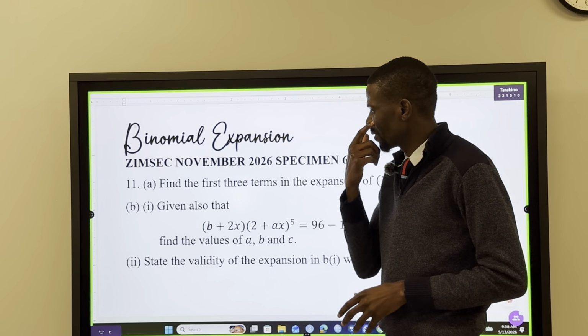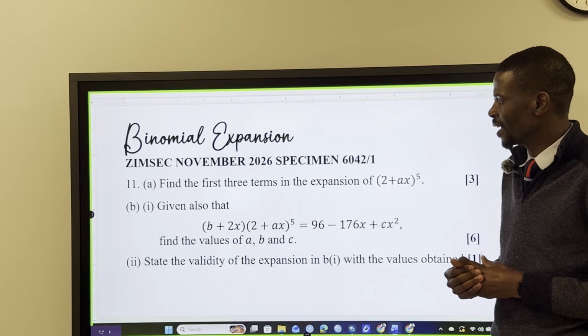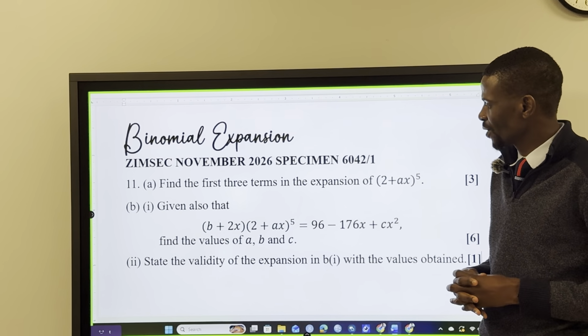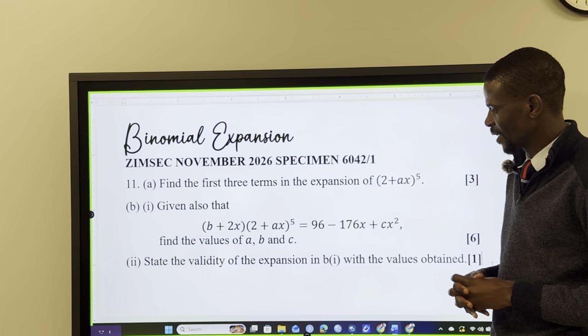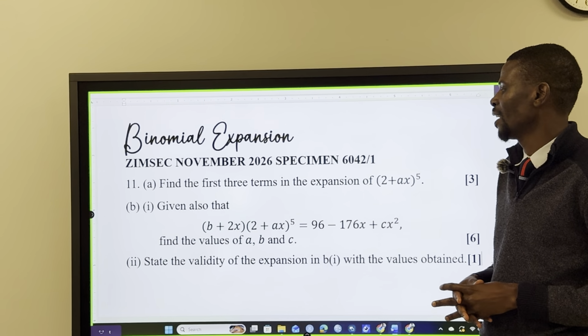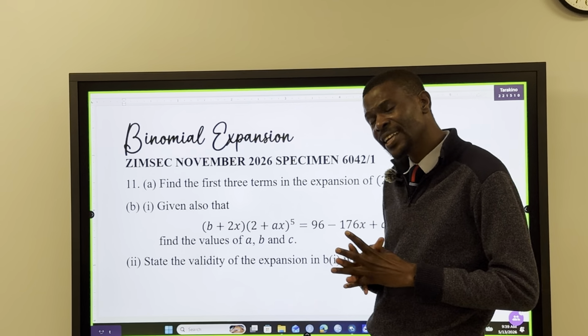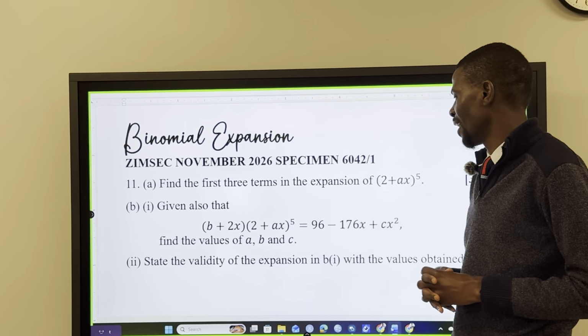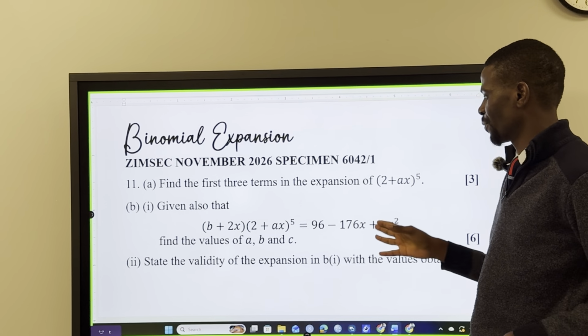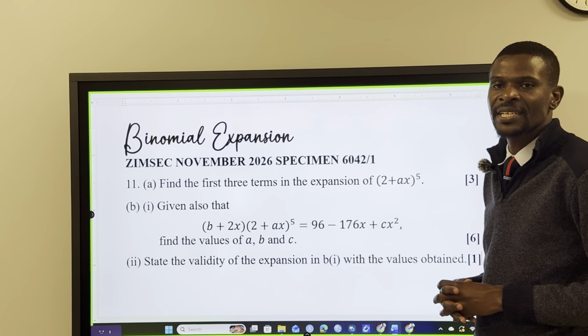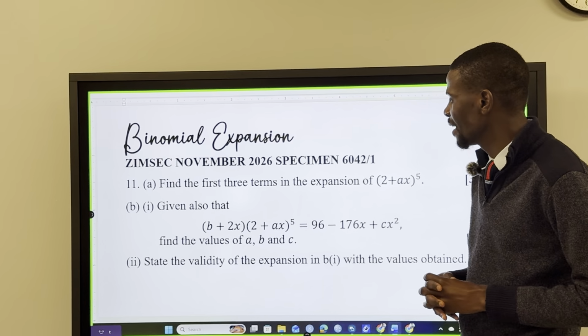Right. So I think A and B item 1 are straightforward, but I'll just give an honest comment on item 2. Frankly speaking, I think validity of the expansion for this question is not necessary.